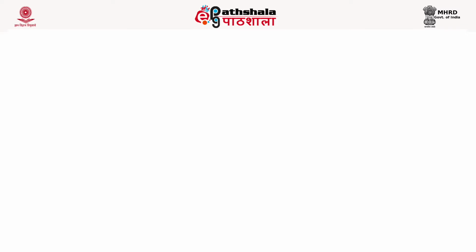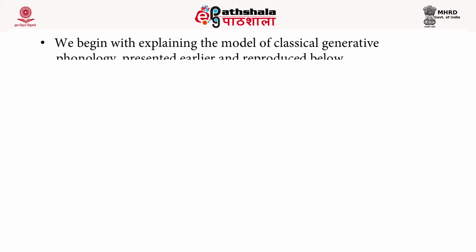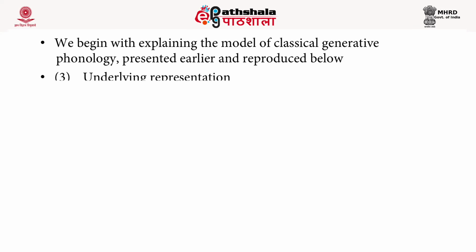You have two different levels of structure, that's called underlying representation, and then the surface representation of sounds, and then in between you have phonological rules. What is the function of underlying representation?